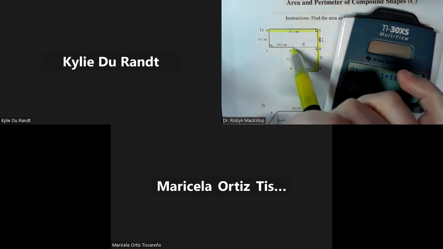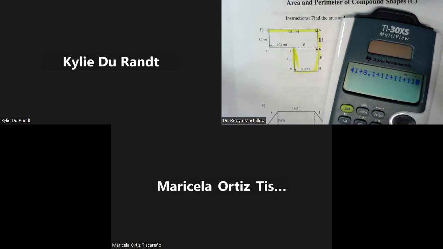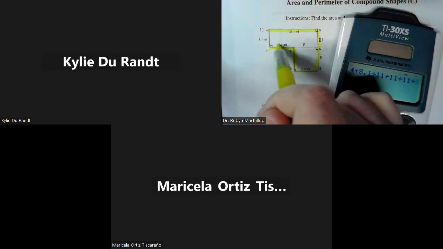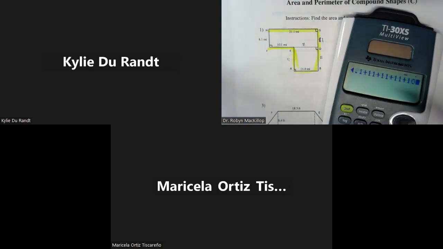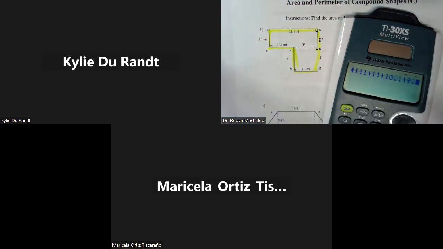Then 11 one more time for this piece. And they gave us 10.1, so we know that. And they gave us the 8.1. And your perimeter is 80.4.